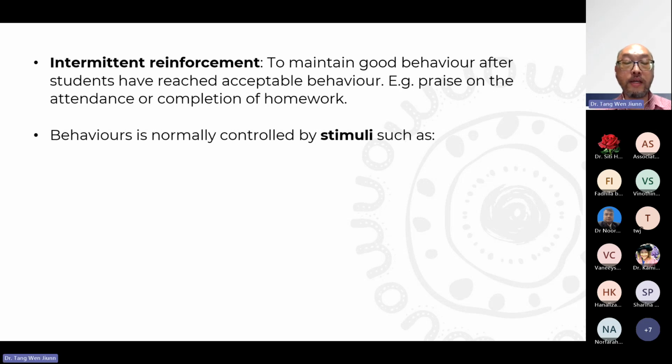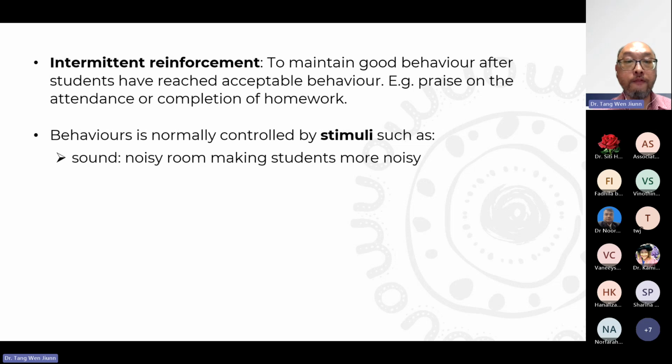Since this is talking about behavior, it is very important for us to be alert to the stimuli in the room that can trigger certain unwanted behavior. For example, the students are noisy. When they're noisy, we have to look around at what caused that.